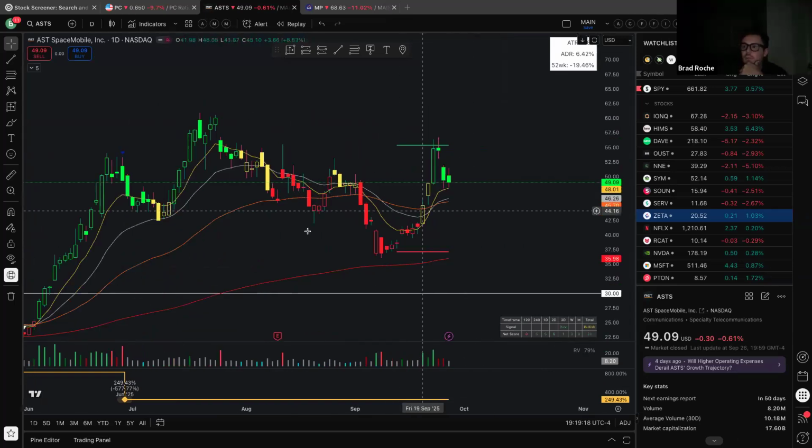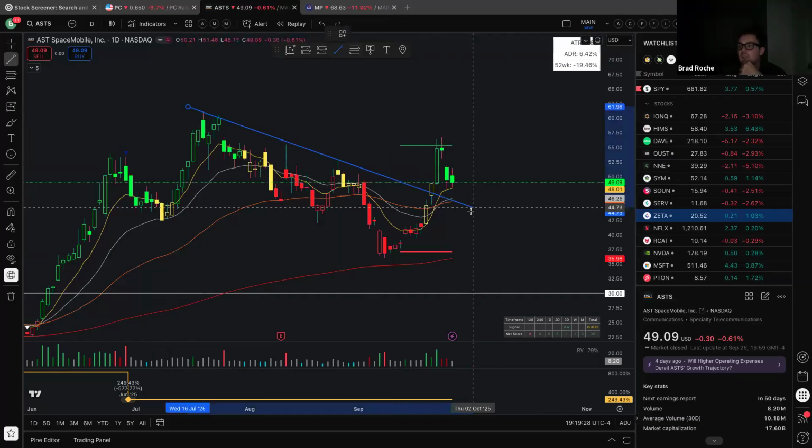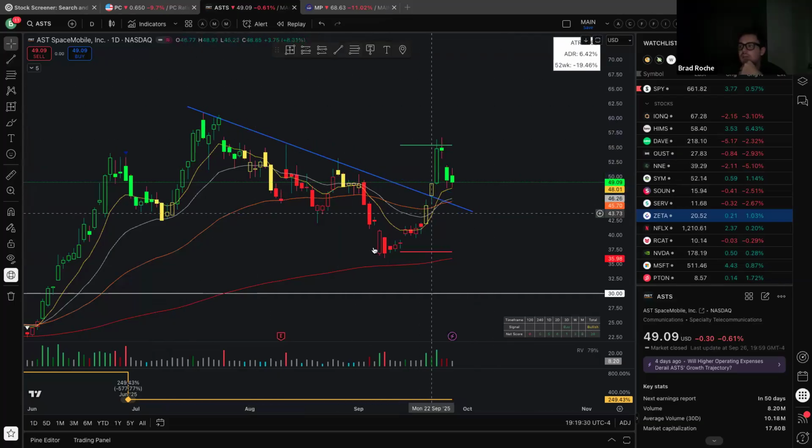More than likely what's going to happen is something like this, where it trades sideways for a little bit, holds a 21, holds a 9, and then breaks out, because it's broken this downtrend here. So this might be time for it. It's had this nice breakout on volume. Let the sellers dry up a little bit, let it trade sideways and get quiet for a minute after this big move, and then it looks good.